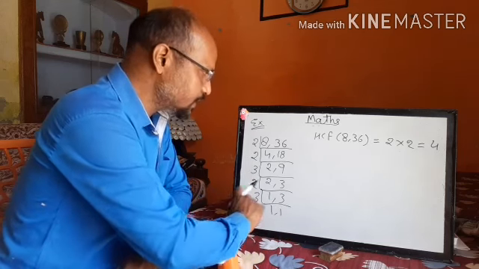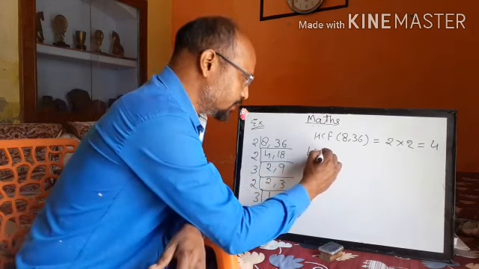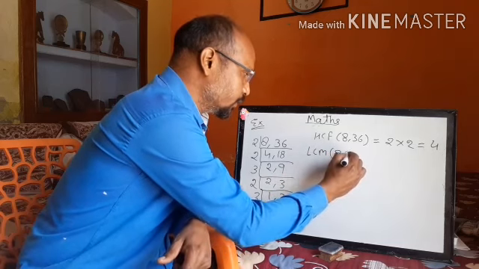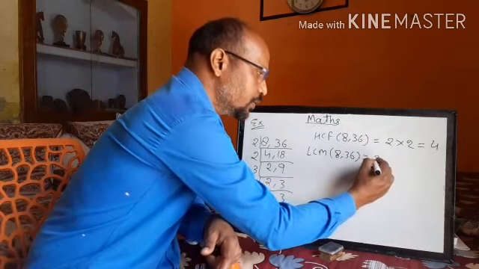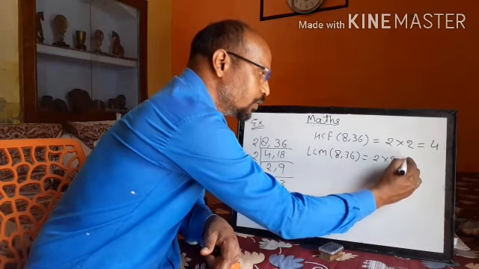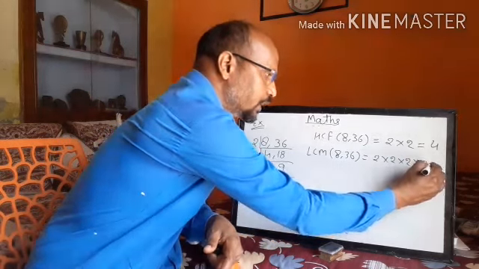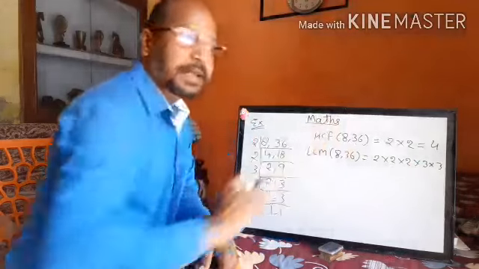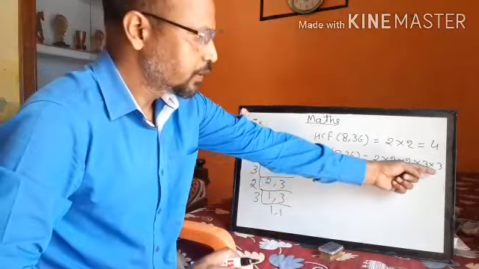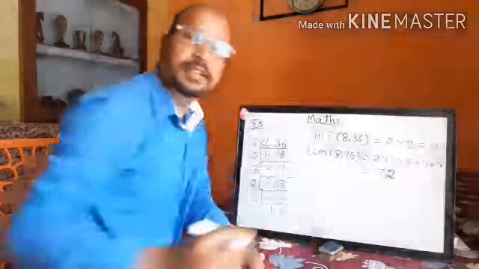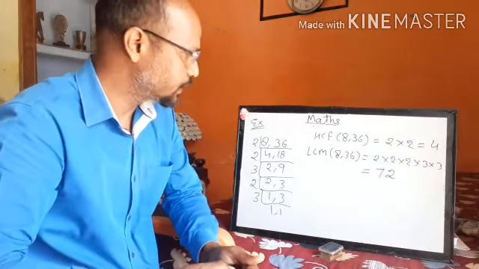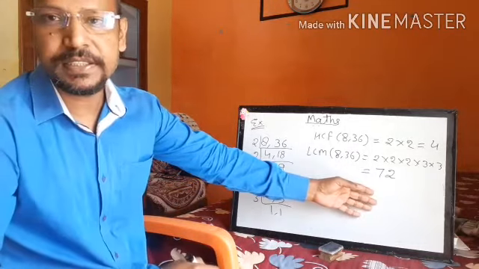Now take these divisors and you will get your LCM. Here it is 3 times 2 and 2 times 3. Now multiply them. It is 72. So here the LCM of 8 and 36 is 72.